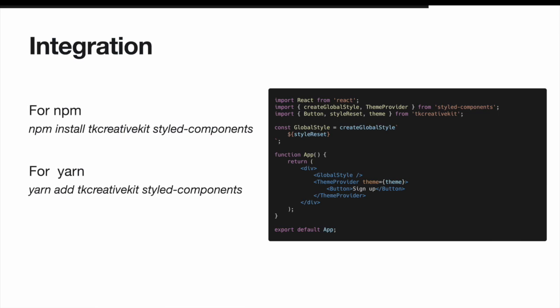And also we said that styled-components was a peer dependency, so if it wasn't installed before, don't forget to install styled-components. I assume that React was installed already. Same for Yarn, and here you have a quick screenshot if you want to integrate the button that we just implemented.